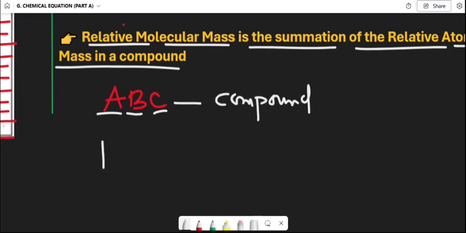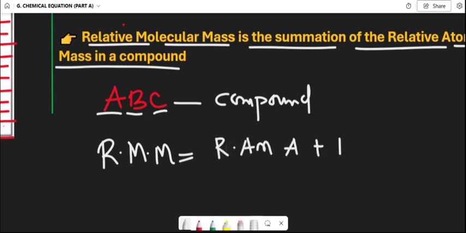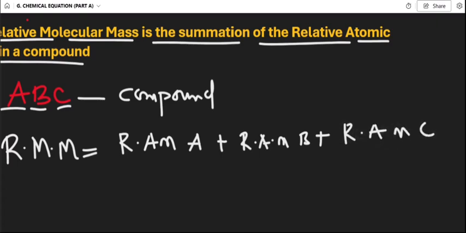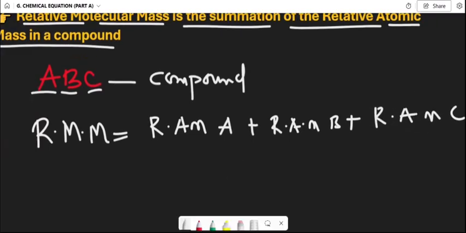For me to get the RMM, which is called the relative molecular mass of ABC, which is the compound, I will need to know the RAM of A plus the RAM of B plus the RAM of C before I can get the relative molecular mass. So addition of the RAM of A, B, and C, we get our relative molecular mass.